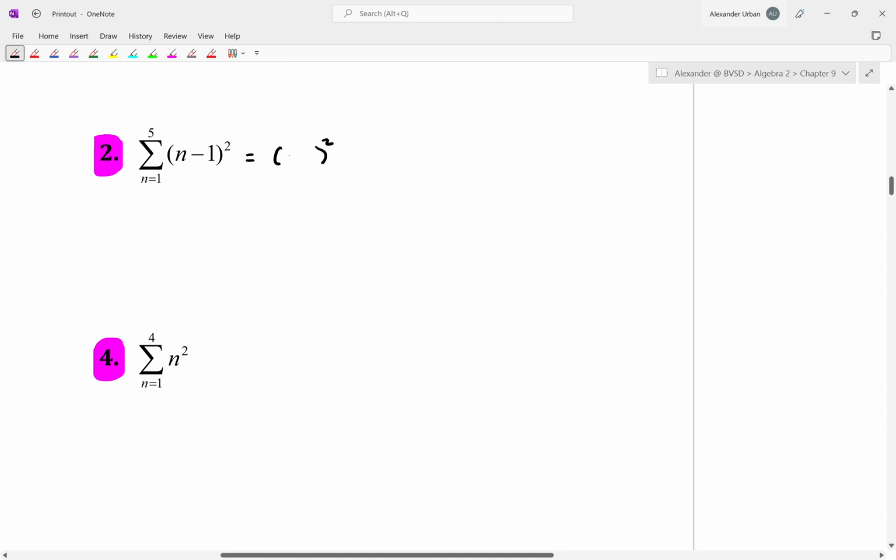So my first term that I use is 1 minus 1 squared plus 2 minus 1 squared plus 3 minus 1 squared plus 4 minus 1 squared plus 5 minus 1 squared. Now I stop at 5 because my upper limit is 5. I start at 1 because my lower limit is 1.